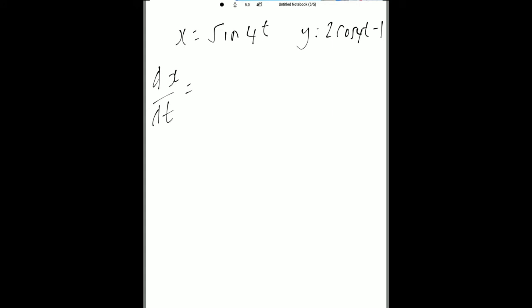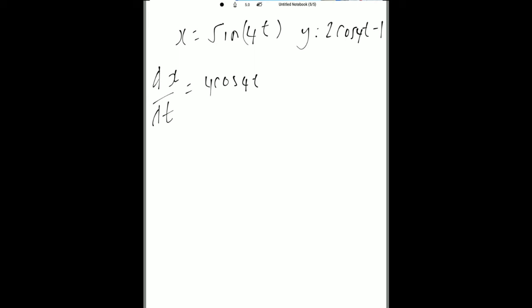Remember, the aim in this section is to find the second derivative. dx by dt would be equal to, differentiate sine, you get cos, so it's cos 4t. And remember, the chain rule says that we differentiate what's in the bracket and multiply by it. Differentiate 4t with respect to t, we get 4. So we're multiplying cos 4t by 4.